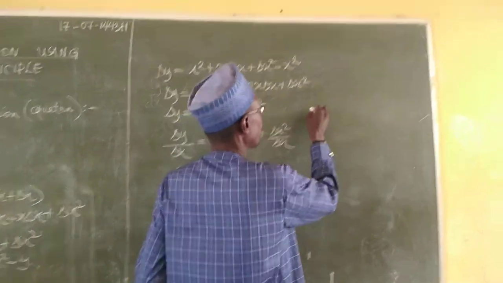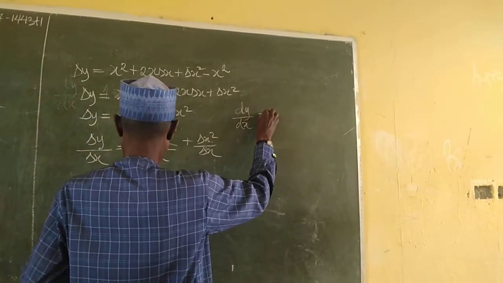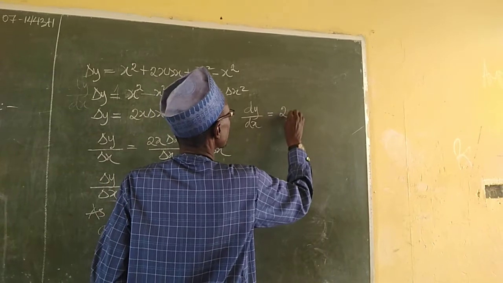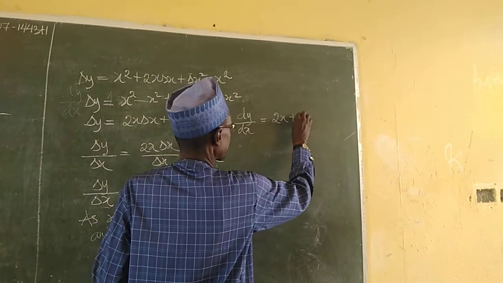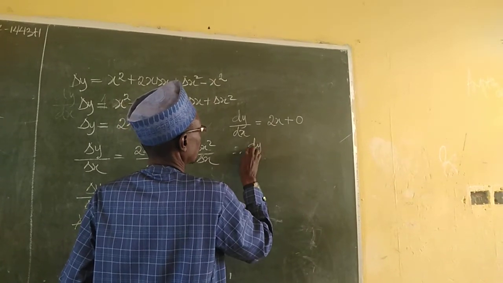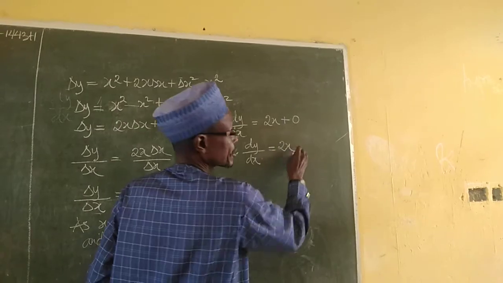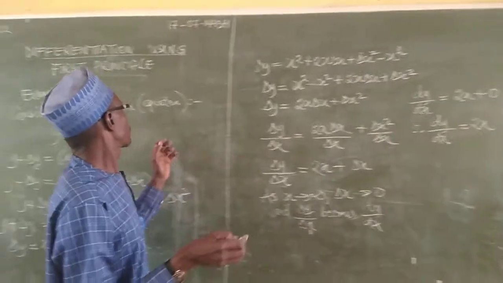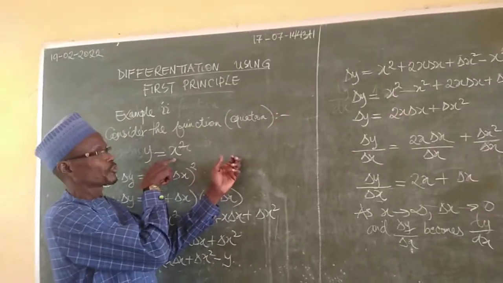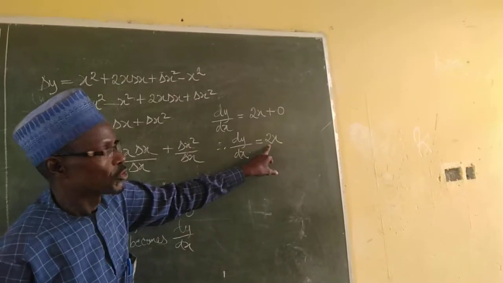So finally I will have dy over dx is equal to 2x plus 0. So therefore, dy dx is equal to 2x. So when you have an equation y is equal to x squared, obviously dy dx is going to be 2x.